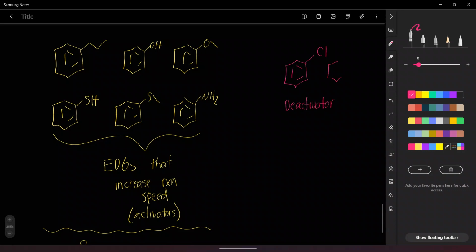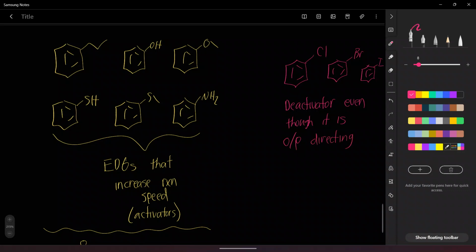So chlorine, bromine, and iodine. Okay. Deactivator, even though it is ortho-para-directing.